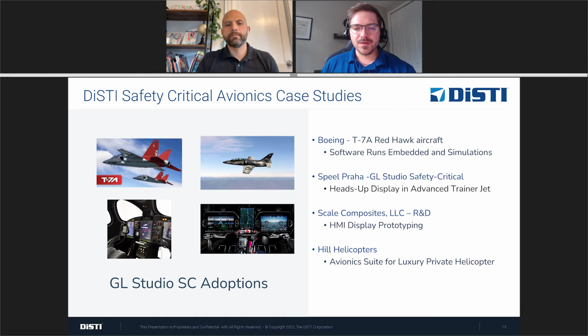There's also several other programs where GeoStudio SC is used that we can't talk about publicly, but what we can say is that we've had a lot of other success with Northrop Grumman, Boeing, and L3 unmanned systems, all in the realm of UAVs.